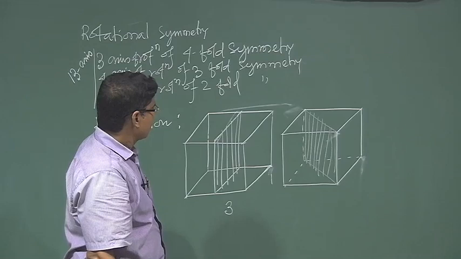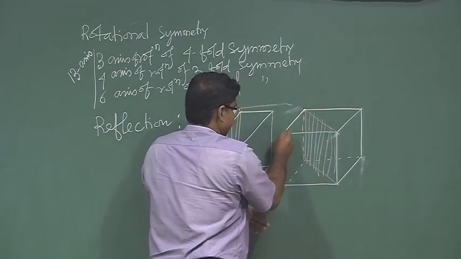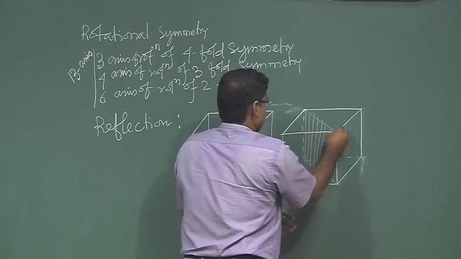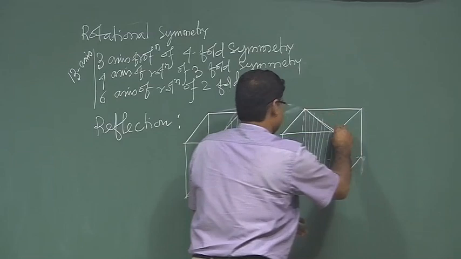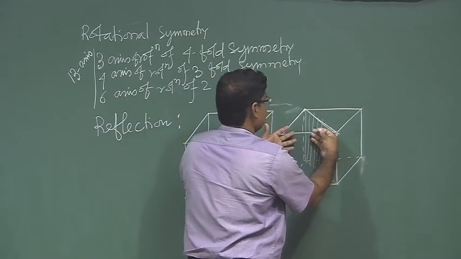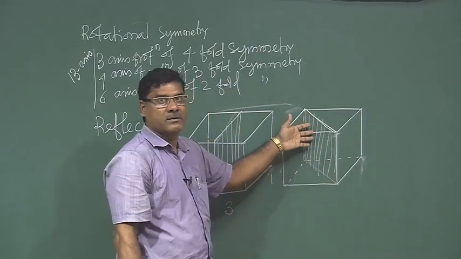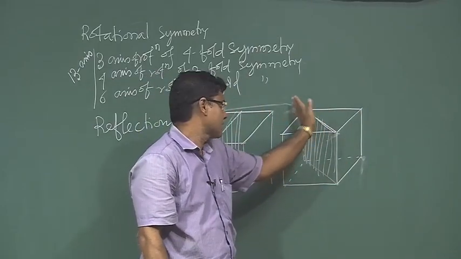In this plane, the other half is just the exact reflection of this half with respect to this plane.